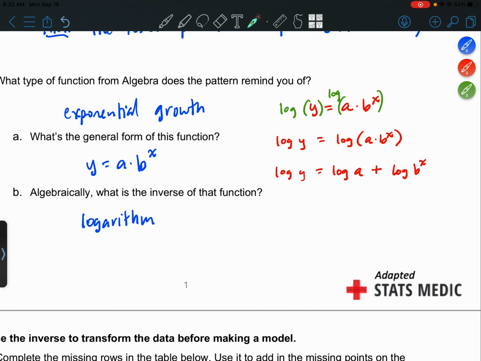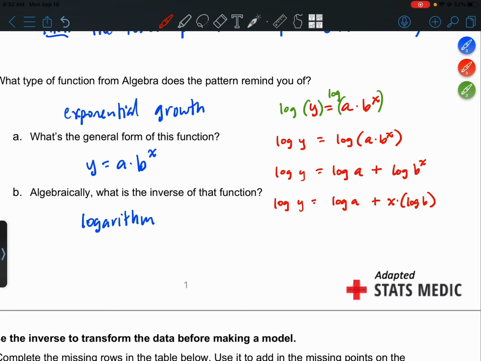A second property of logarithms is that the logarithm of a power is the exponent times the logarithm of the base. And so continuing to manipulate this equation, we're going to have log y equals log a plus x times the log of b.